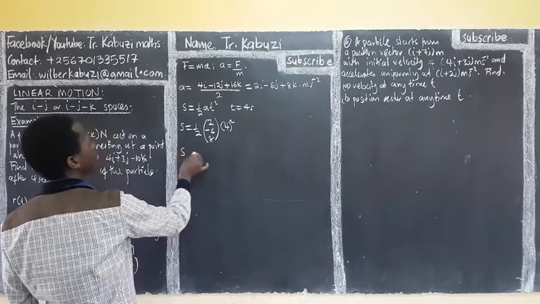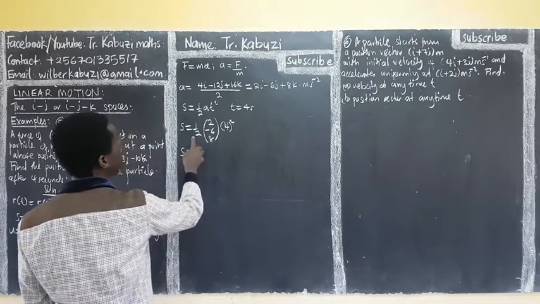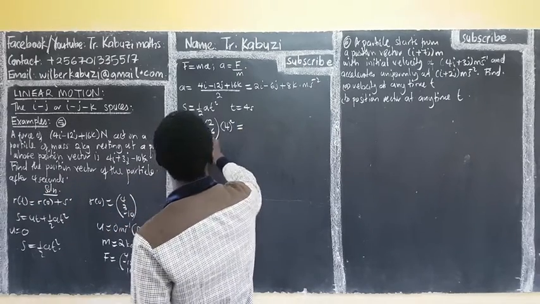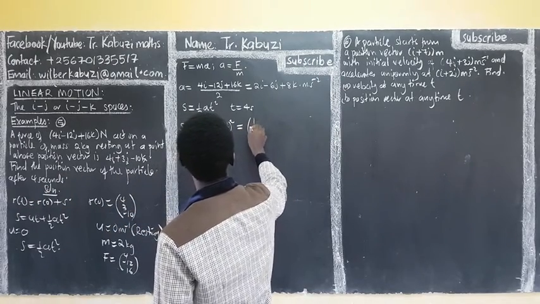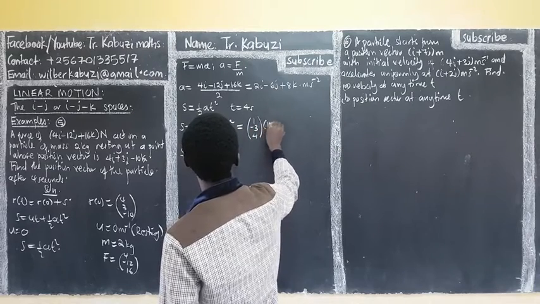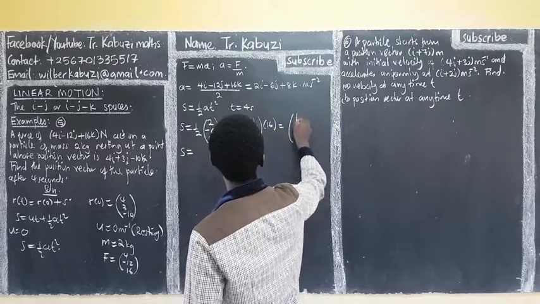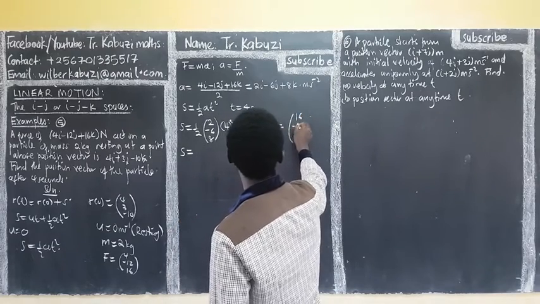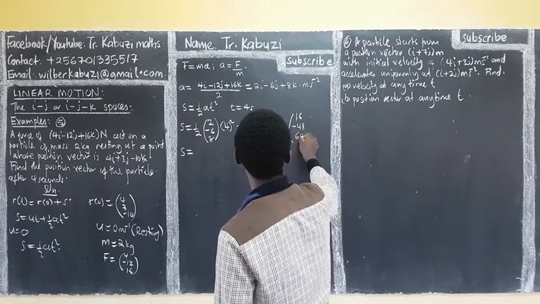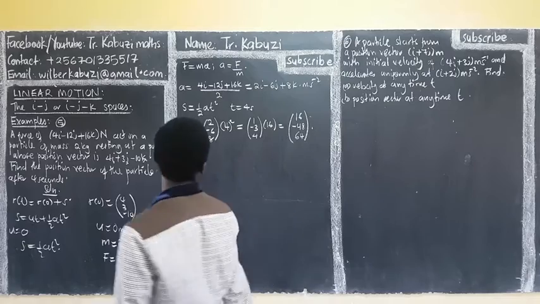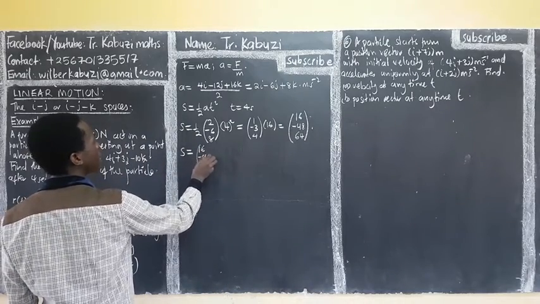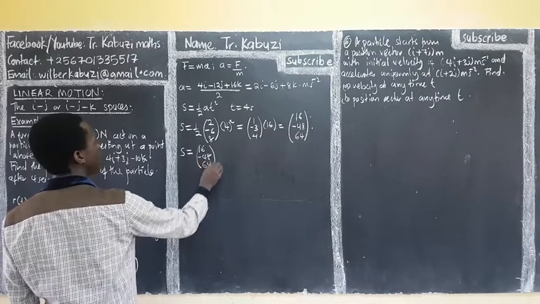Half of this gives 1, -3, 4. We are multiplying it with 16, which would be 16, -48, then 64. So that is our s: 16, -48, 64.